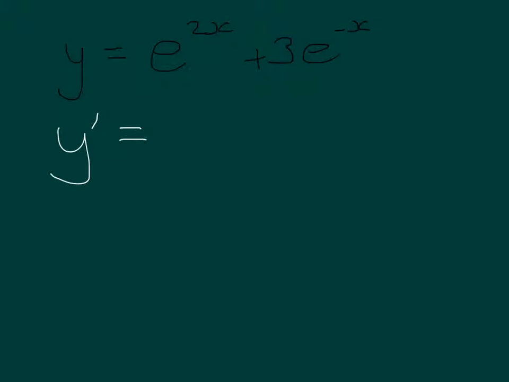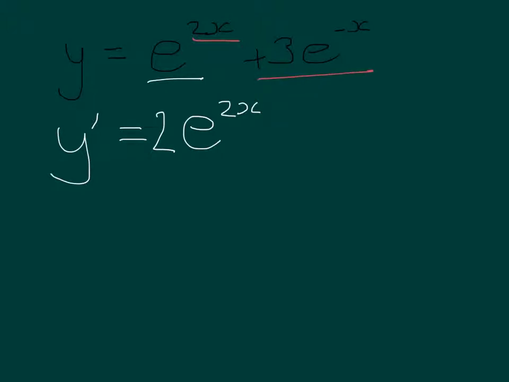So let's have a look at the first function. So e to the 2x, we'll differentiate that. I'm going to get e to the 2x, but then I need to multiply by my function that's inside my function. So that will give me 2x differentiated, just gives me 2. So that's that term done. Now I need to concentrate on this term.